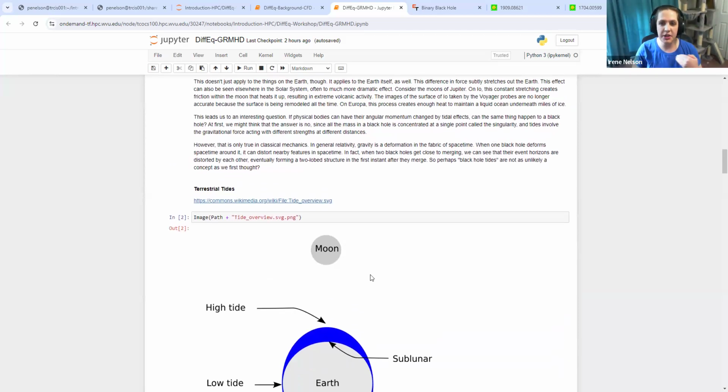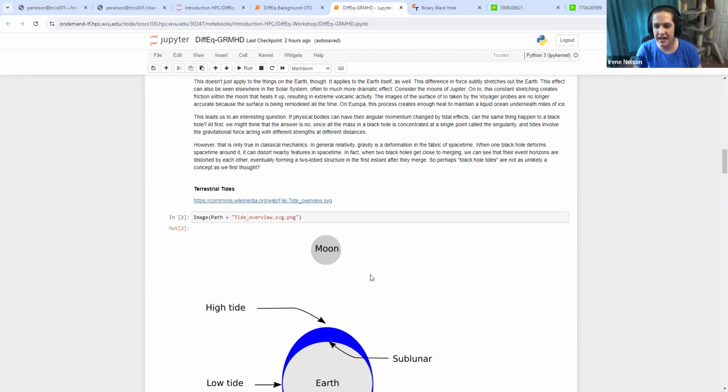And we also see other places in the solar system where it's much more dramatic. This constant stretching and squeezing in the Jovian system dramatically warms up the cores of the moons that are closest to Jupiter itself. So on the moon of Io, there's so much heat that there's extreme volcanic activity.